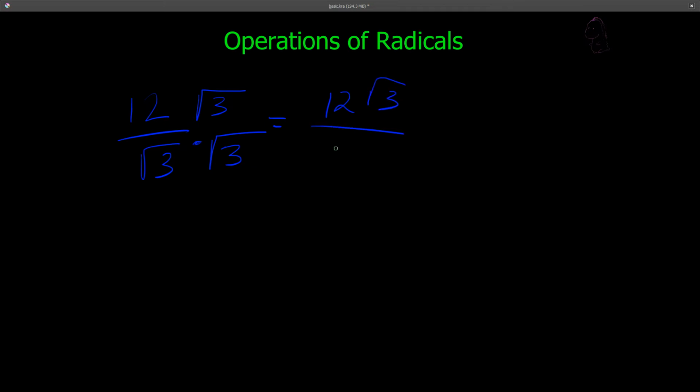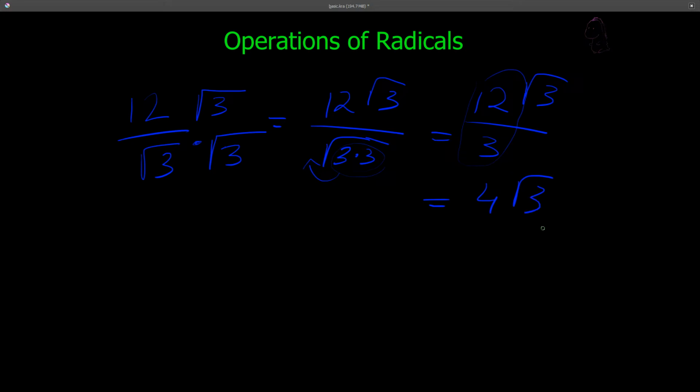And the bottom, I have radical 3 times 3. And you see how now I have a pair of numbers that I can take out, which gives you 12 radical 3 over 3. Now, the 3 is outside, the 12 is outside. They can divide. That means that I have 4 radical 3 left.